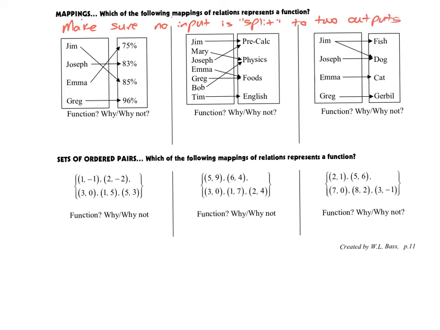So, for example, if I look at Jim, I can see that Jim only points to that score, Joseph only points to that score, Emma only points to that score, and Greg only points to that score. So on this first mapping, we would say yes. There are no splits.